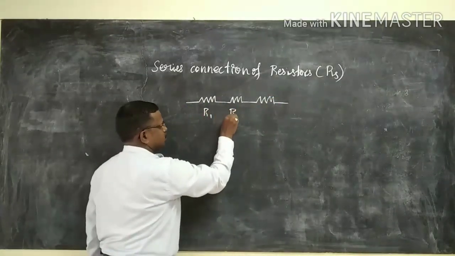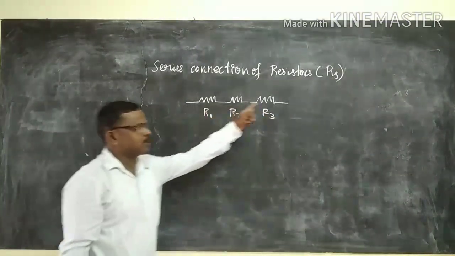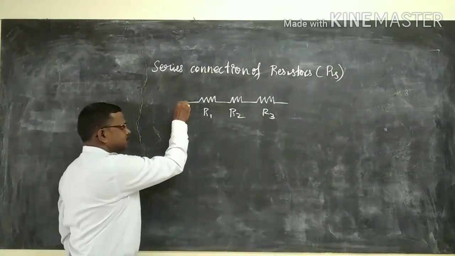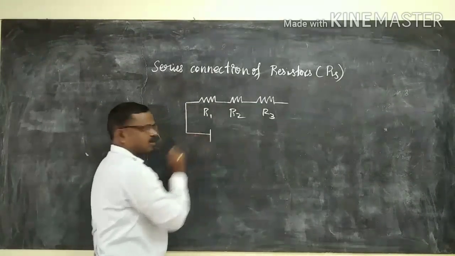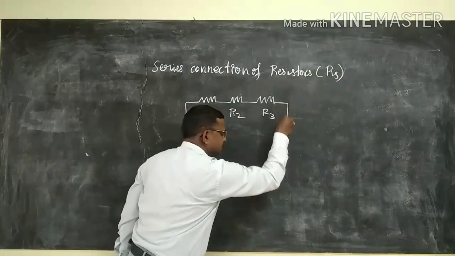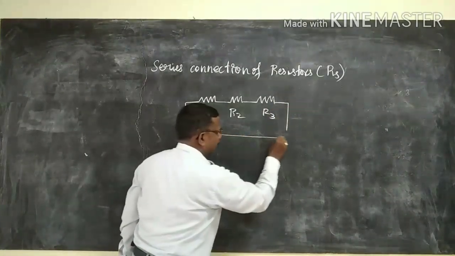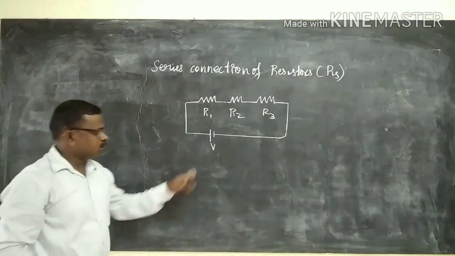This is R1, R2, R3. Three resistors are connected end to end. One end of the series is connected to one terminal of the battery, which is the voltage supplier. The other terminal of the series is connected to the other terminal of the battery. Voltage is applied.